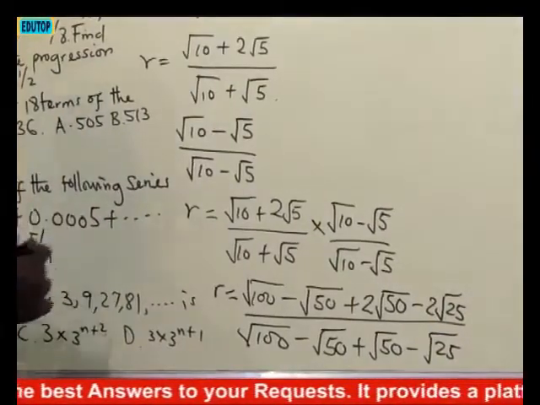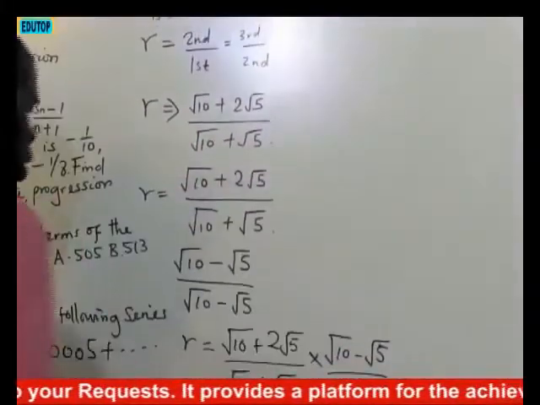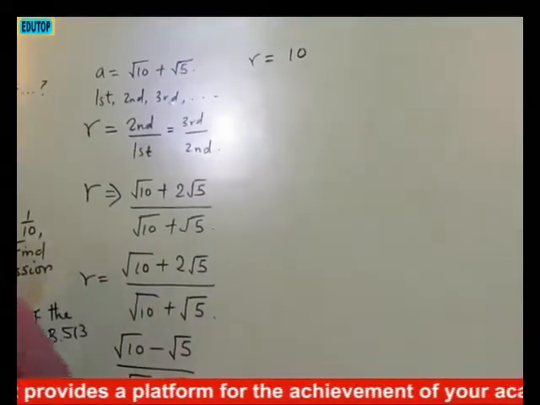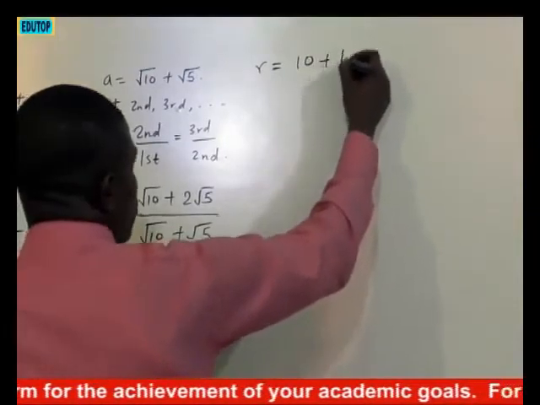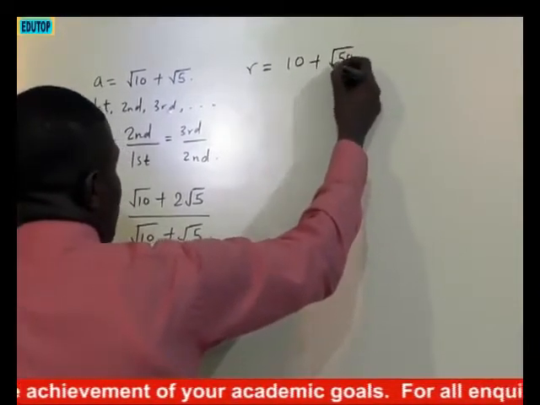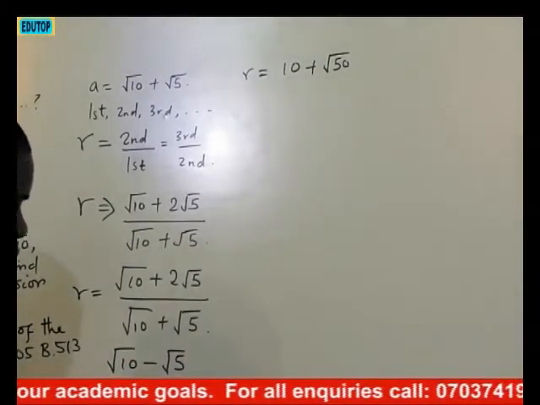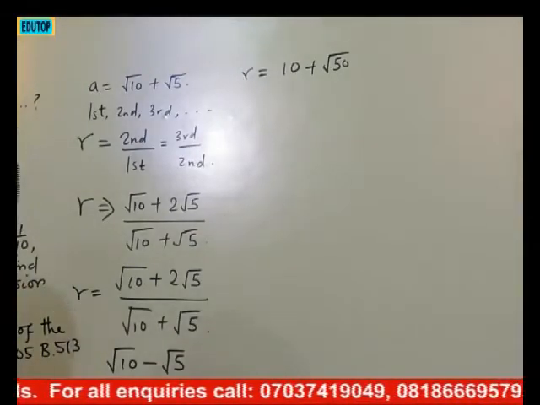So let's try and simplify what we have. Root 100 now becomes 10, minus root 50 plus root 50, that would definitely be plus root 50. That is why it is very pertinent to note this addition and subtraction of surds, because it's very important here.